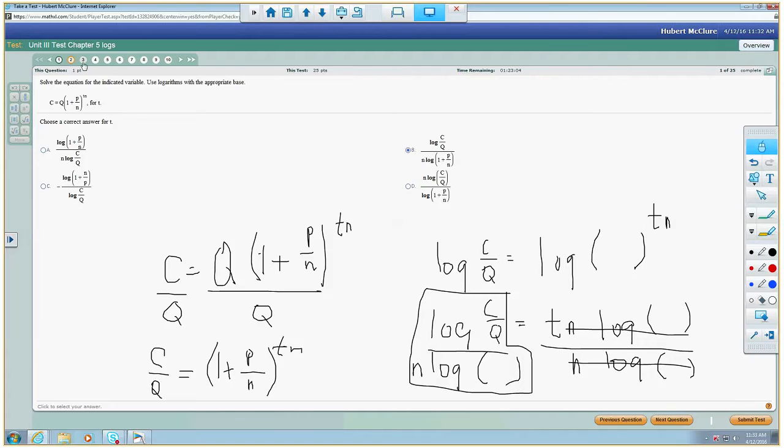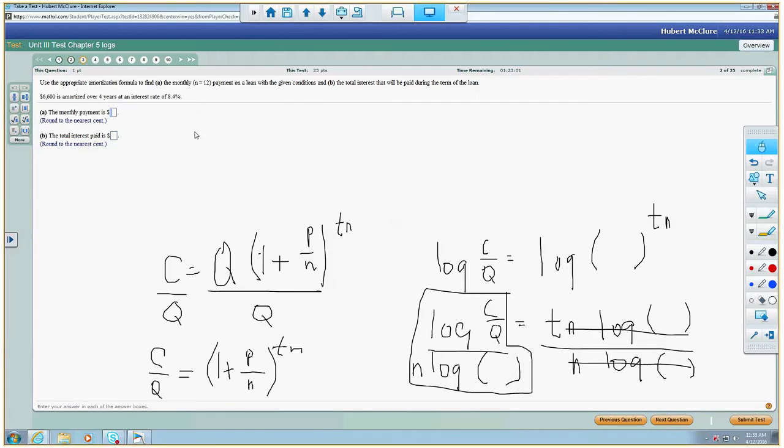Next question. Use the appropriate amortization formula to find the monthly payment on the loan with the given conditions, and the total interest that will be paid during the term of the loan. 6,600 is amortized over 4 years at an interest rate of 8.4%.